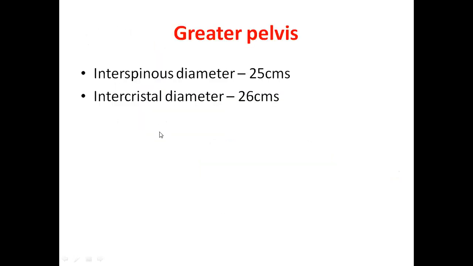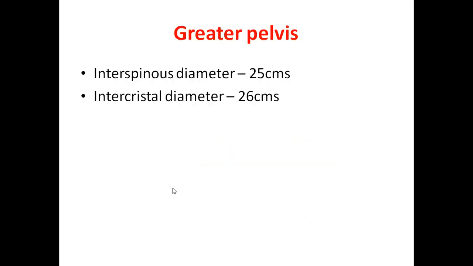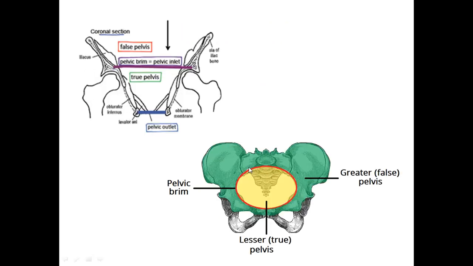Okay. Now, there are certain dimensions in the pelvis. We have two ischial spines. If you take the measurement between the two ischial spines, it is the interspinous diameter, which measures 25 centimeters. There is the intercrestal diameter, which runs between the iliac crests of the right and left sides.